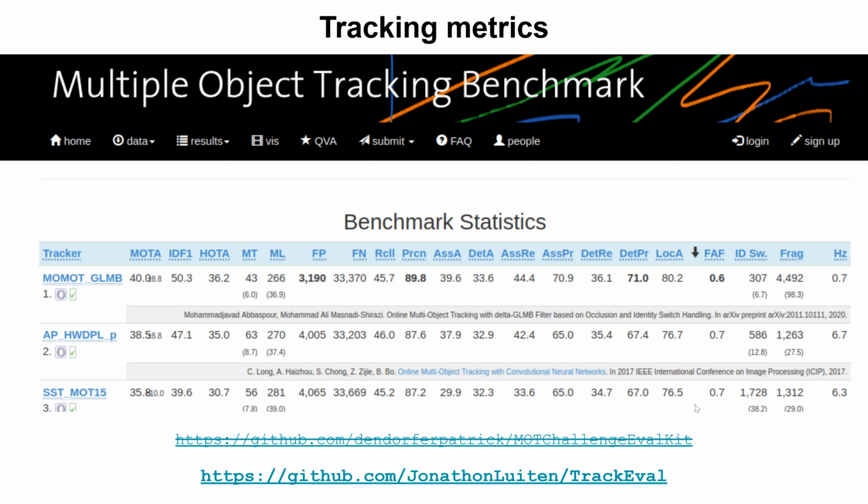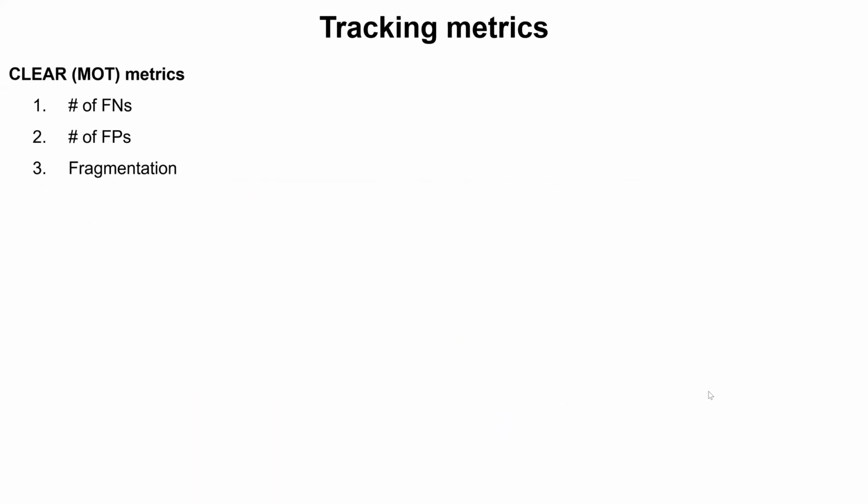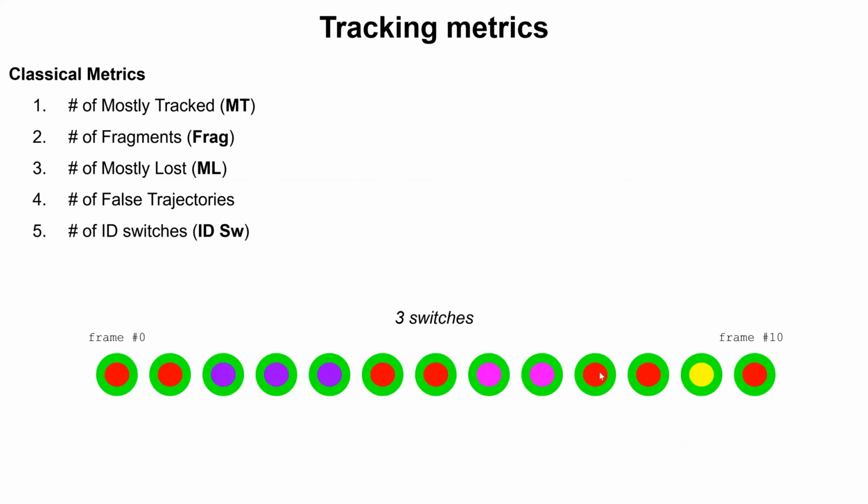I didn't really understand what an identity switch is. Could you go to the slide that shows it? Okay, imagine you have some ground truth track. Right? It was alive from frame 0 to frame 10, for example.